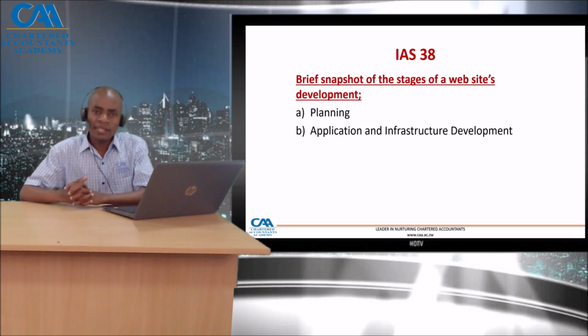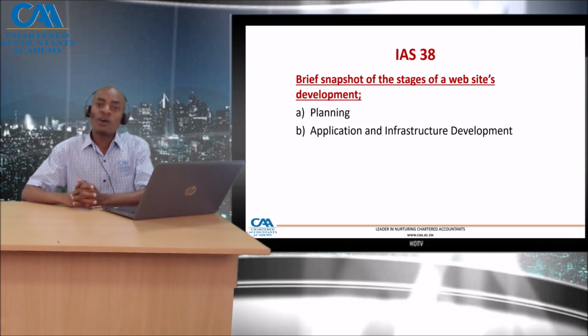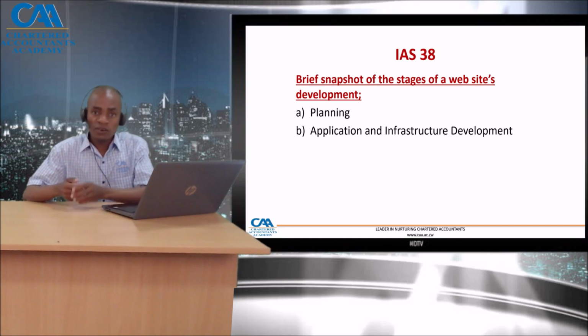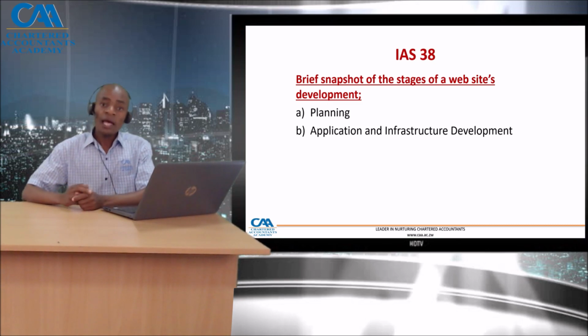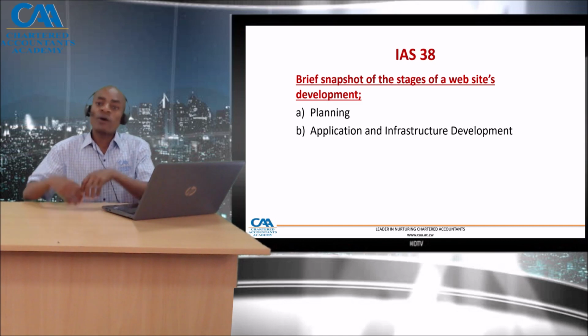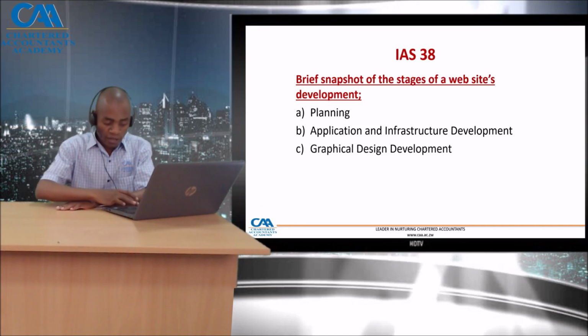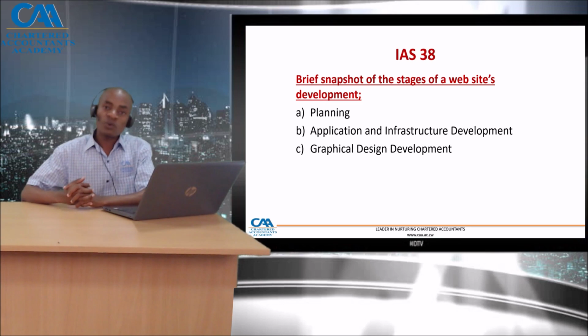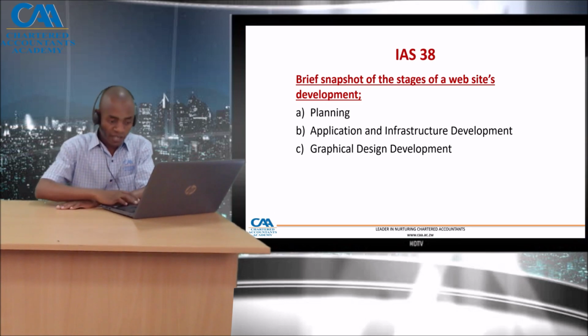There's also application and infrastructure development. For example, the entity incurs the cost to obtain a domain, etc. Then we have also graphic development, whereby the entity is going to fine-tune how the website is going to appear. And lastly, we have the issue of content development.